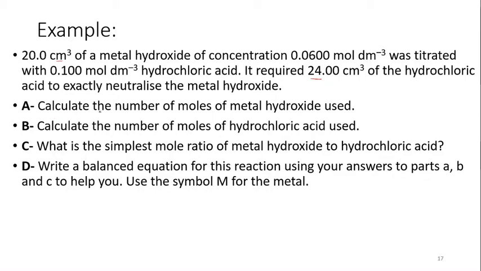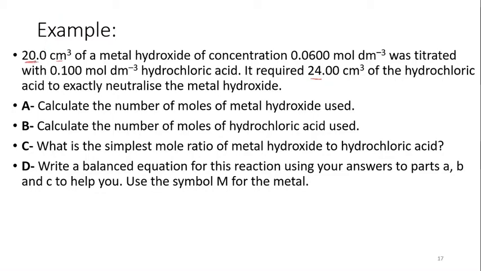First, calculate the number of moles of the metal hydroxide. Second, calculate the number of moles of hydrochloric acid. The third part wants me to write down the simplest mole ratio of the metal hydroxide against the hydrochloric acid, and I need to also write a balanced chemical equation for this reaction.